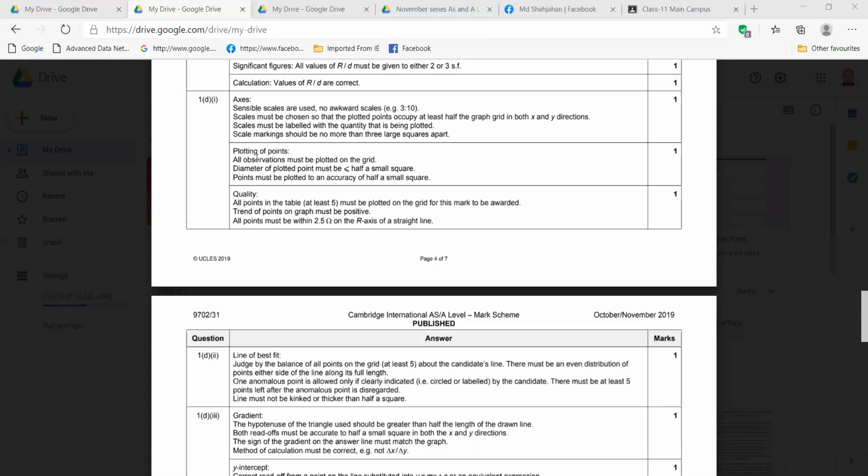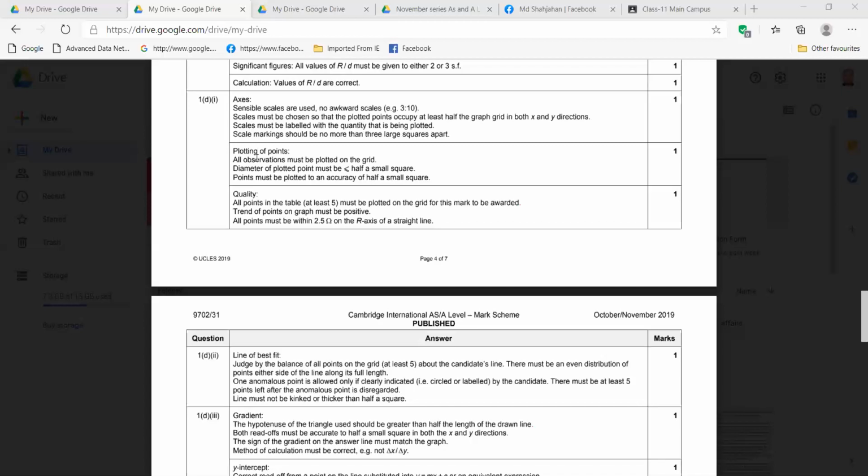If you are giving blobs, the blob should not be so big that it is more than half a small square. And while you are crossing, the intersection of two crossings should not be greater than half a small square.